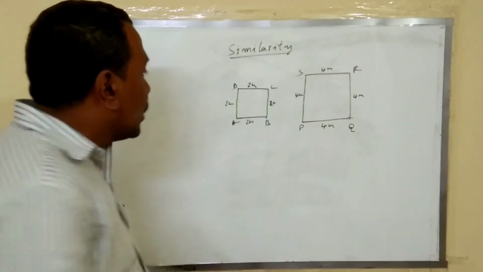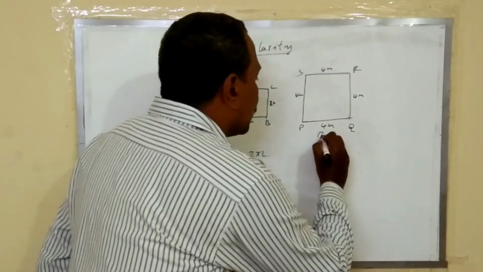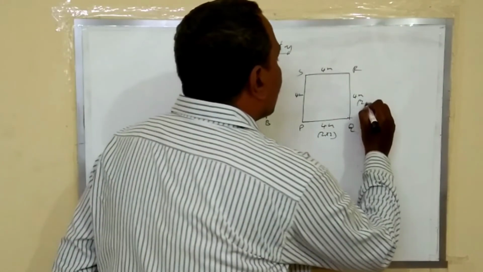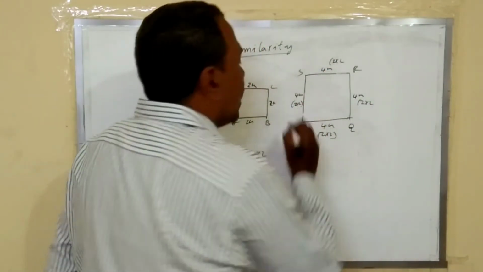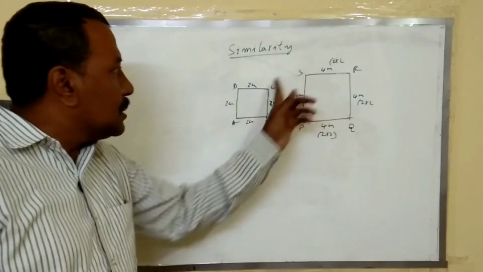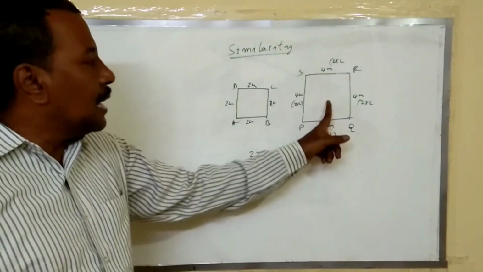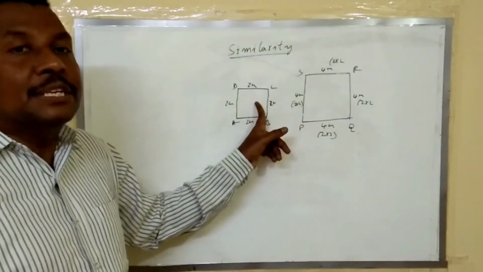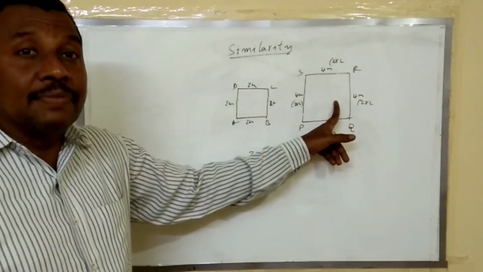By multiplying 2 with 2, that means 2 into 2, for each side. I took a constant number 2 and multiplied it with all the sides to get an enlarged figure. So this is the diminished figure and this is an enlarged figure.